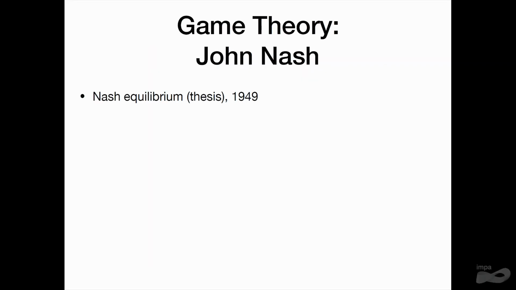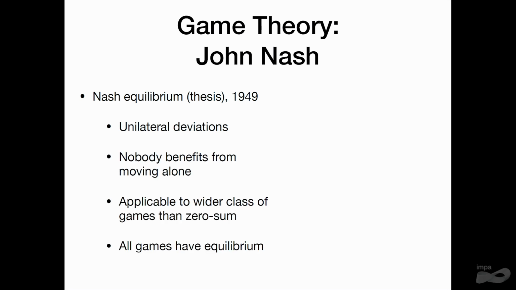So a little later, John Nash wrote his thesis in 1949, introducing the equilibrium. He proved, basically, that all games have an equilibrium. Not necessarily a pure strategy equilibrium, but you could have one where you mix your strategies.